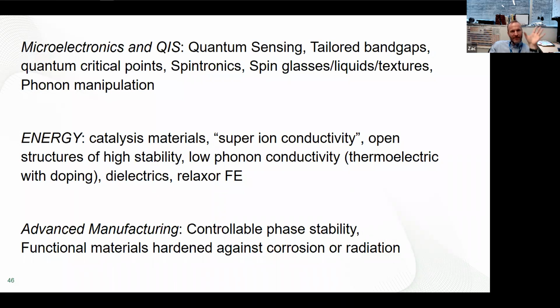We could maybe get this region where the robustness of the high entropy system, now we bring in the functional properties using some of these oxides or others where we have an anion sublattice. So instead of just being structural, which is where we see the metal-metal bonded high entropy alloys, maybe we can move into a functional phase space for hardened materials as well.